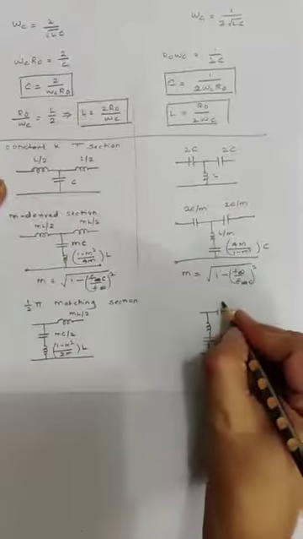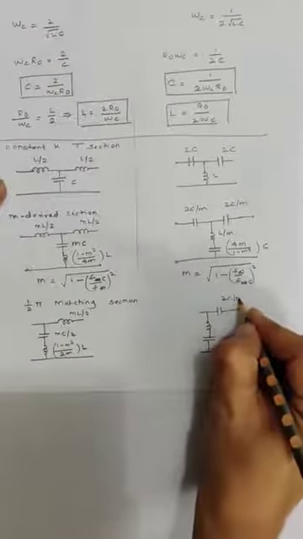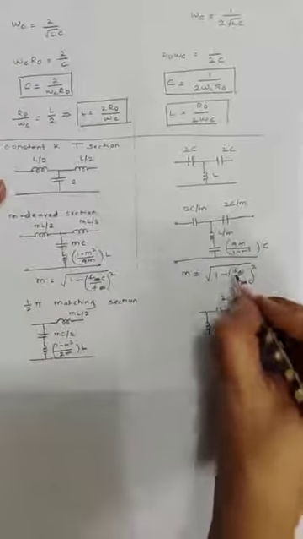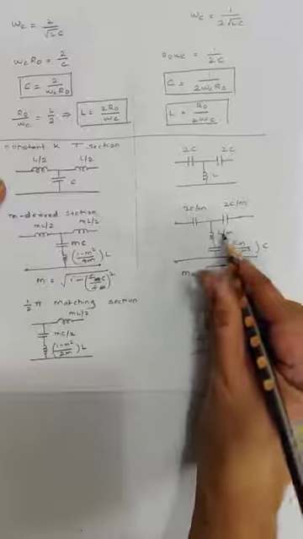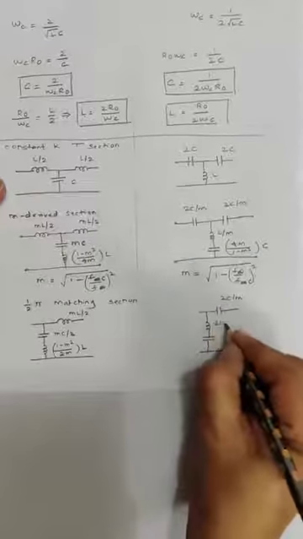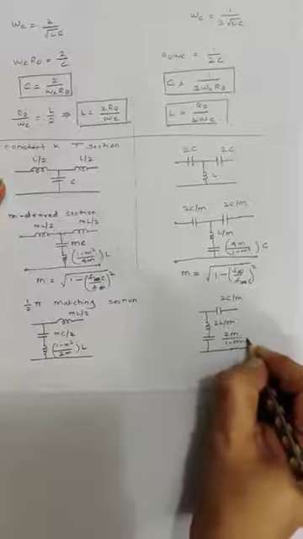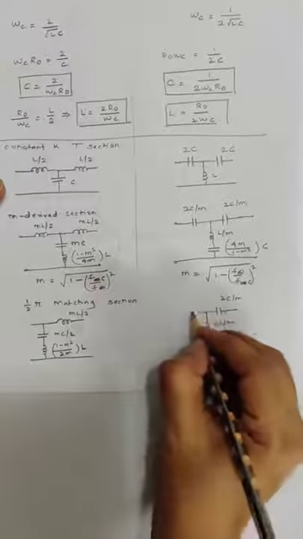The same technique we can apply over here, and we have the formula 2C by M as it is for the capacitor, and here this 4 you have to split. So it will be 2L by M, and here 2M divided by (1 minus M square) into C.